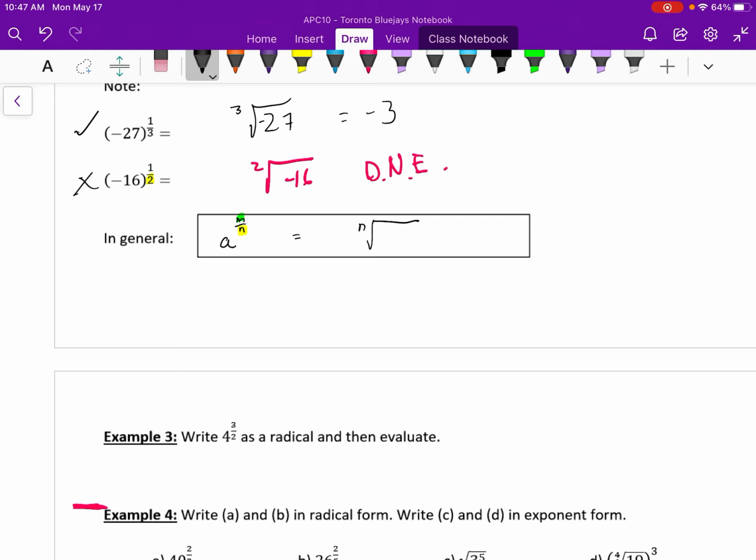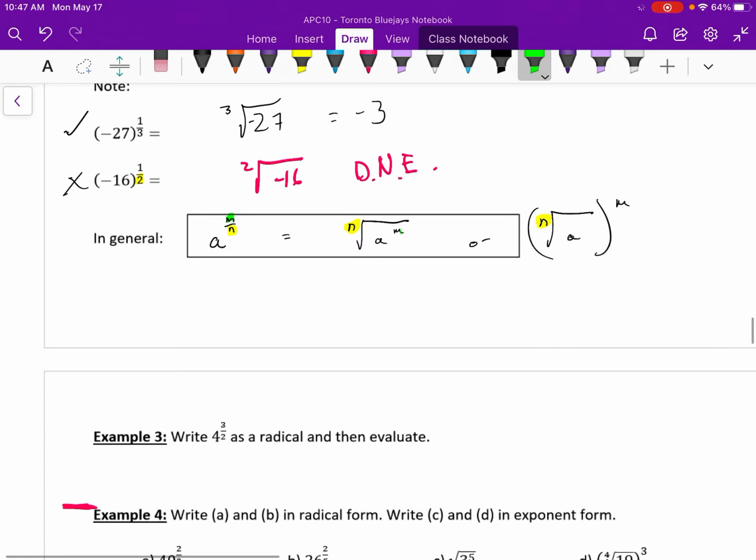It's the nth root of a to the power of m. So the denominator is still the index on your root, and the numerator is the exponent of your radicand or of your base.